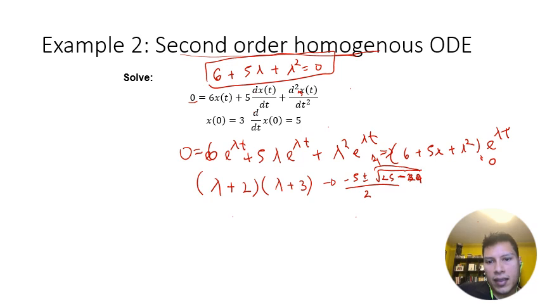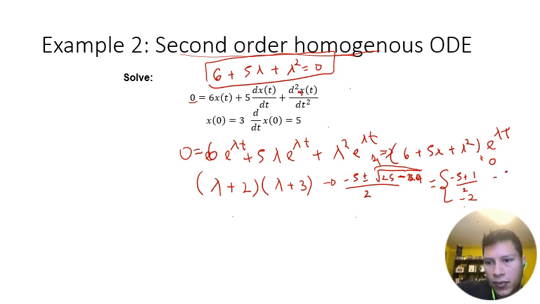And so we're going to get that our roots are negative 5 plus 1 over 2, which is just negative 2.